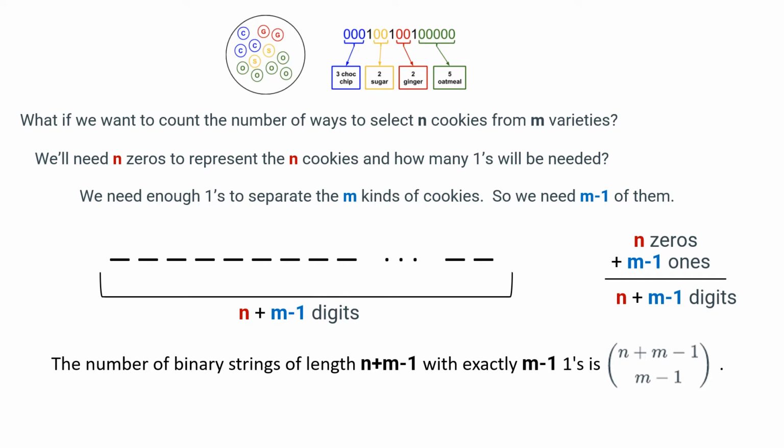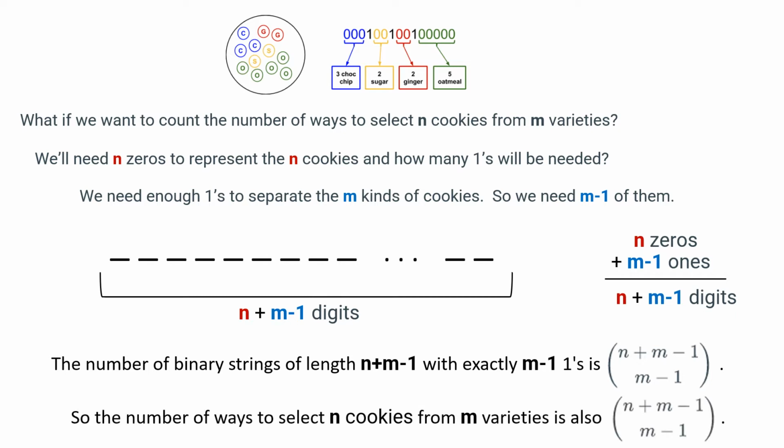So we're going to choose the slots where we're going to put the m minus 1 ones. Hopefully you see that this is what it would be. We would find the number of ways by taking n plus m minus 1 choose m minus 1. And so that's how many binary strings we would get, and therefore that's also the number of ways that we can select n cookies from m varieties.